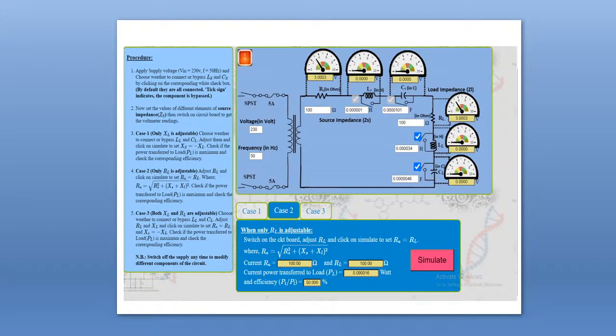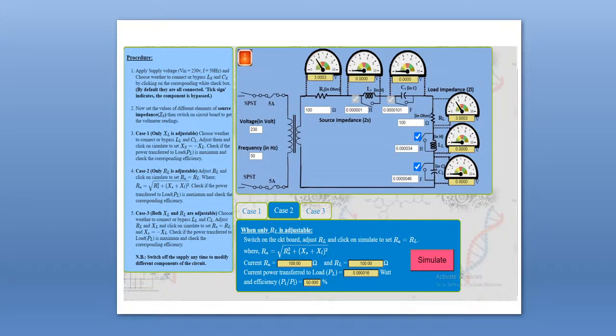So to avoid the logical error, first select the inductance and capacitance values, then switch on and see the readings, load power and efficiency.